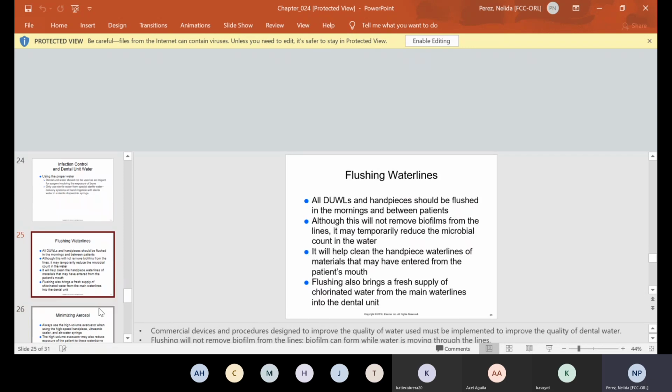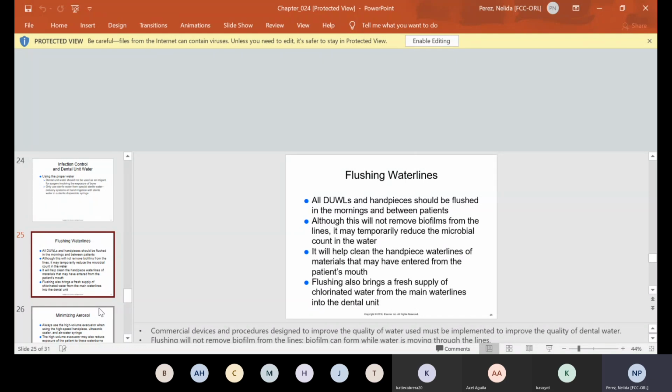And then flushing water lines. In the morning, I mentioned that to you already, and in between patients, we should flush the water line. So again, just running the hoses without attaching anything to them, making sure it's nice and clean, and definitely after every surgical procedure, water lines must always be flushed because you want to make sure there's no blood inside of it.